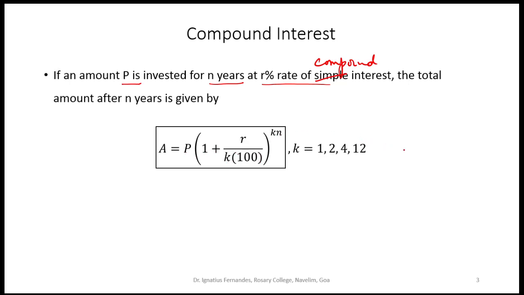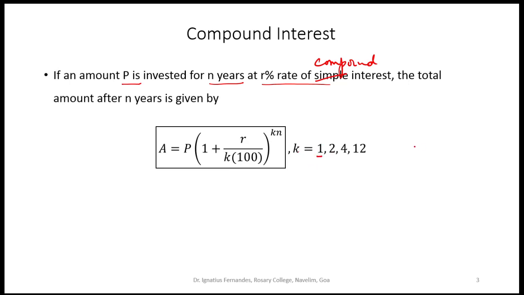Now unlike simple interest, which is calculated every year on the basis of a year, in compound interest the interest can be calculated either on a yearly, half yearly, quarterly, or monthly basis. Depending on how the interest is compounded, if it is yearly then we take K equal to 1.